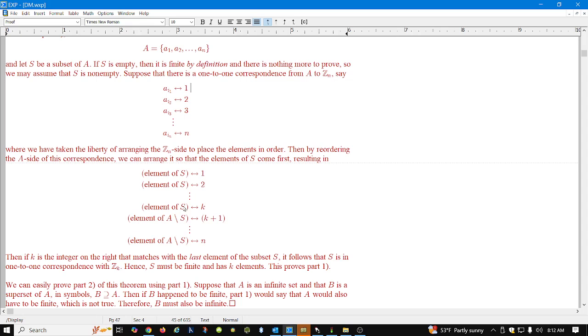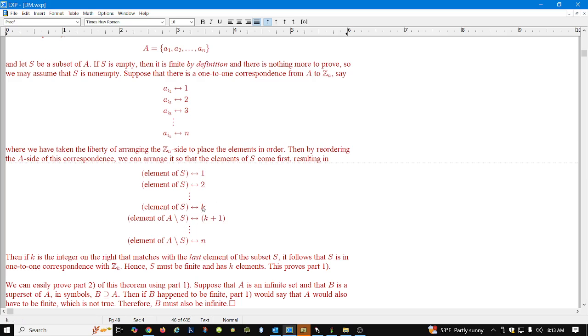The elements of S now come first. I can't outline just a handful of these, but the first group here up to this line are the pairing of the elements of S with the natural numbers. The rest are elements of A that are not in S. This is still a one-to-one correspondence.